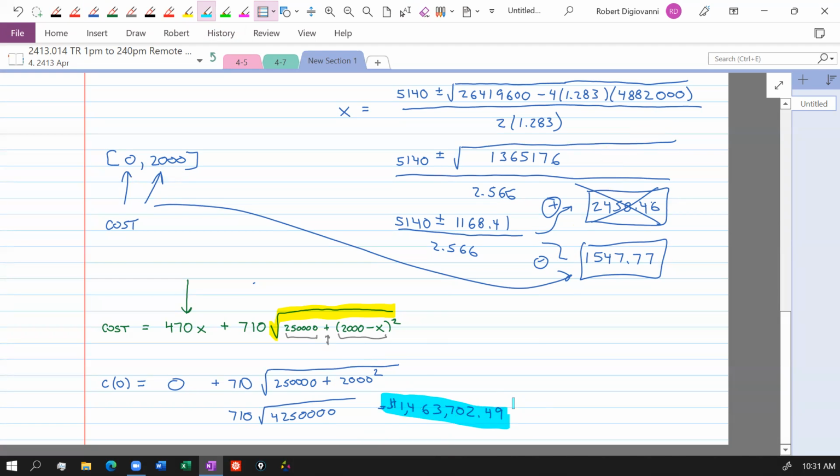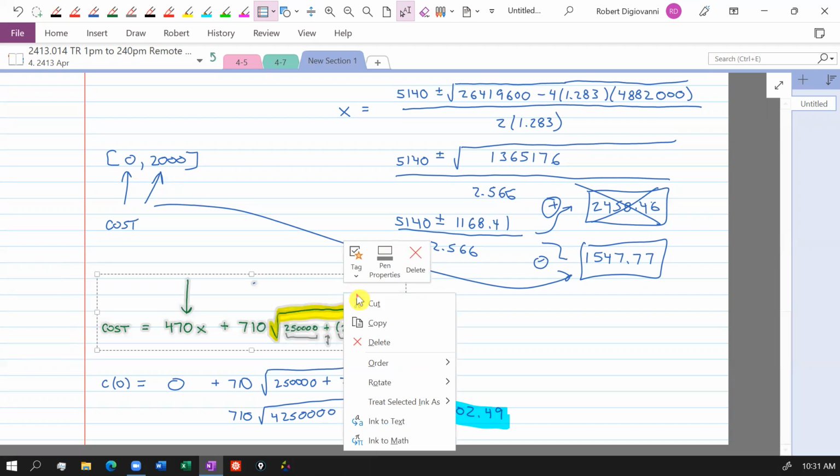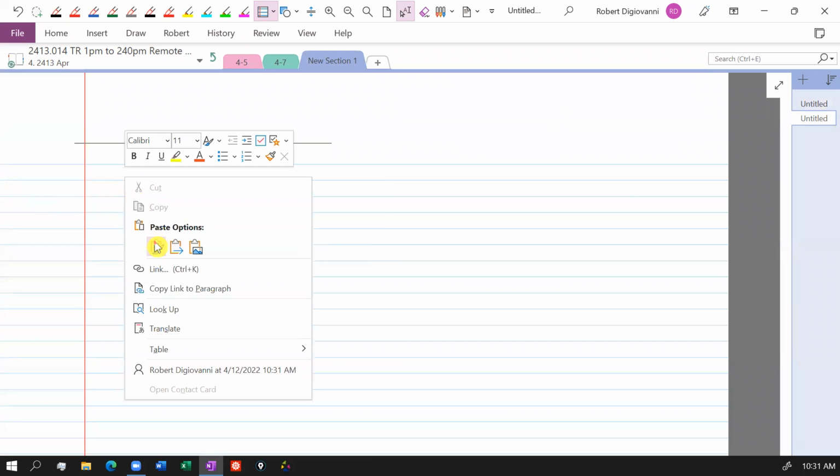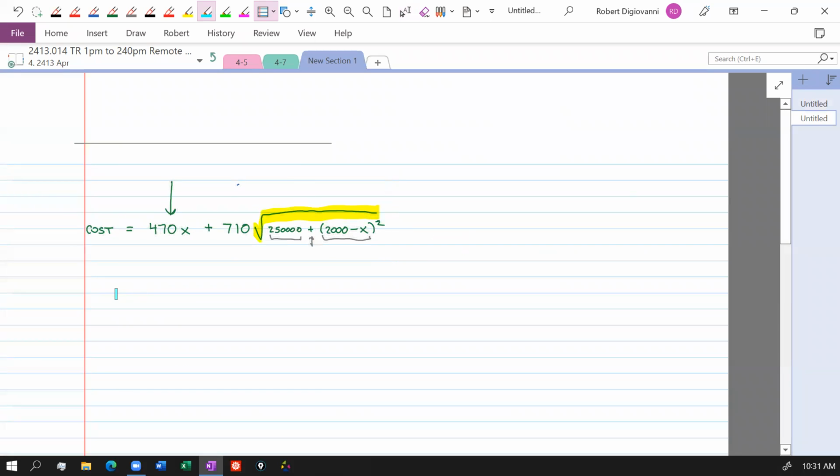Okay, so I don't know if that's the smallest value yet. I now need to plug in 2000 into this. So what's the cost at 2000? We know the cost at 0 we just got was $1,463,702.49, something like that.